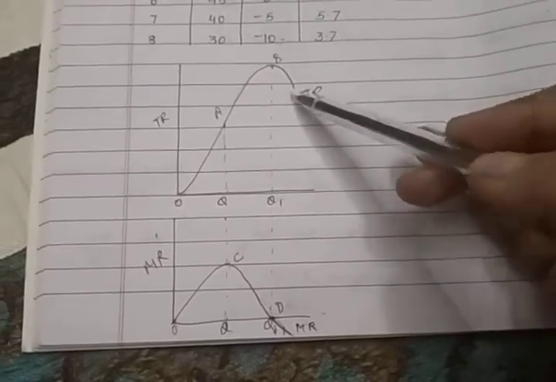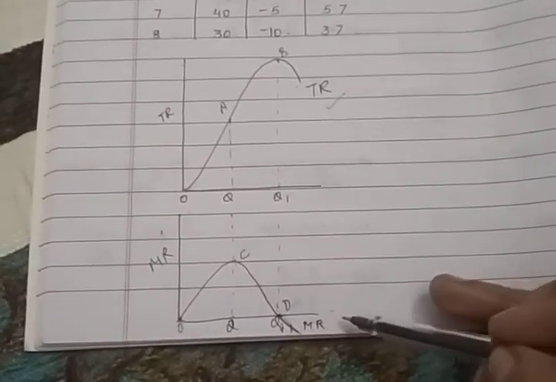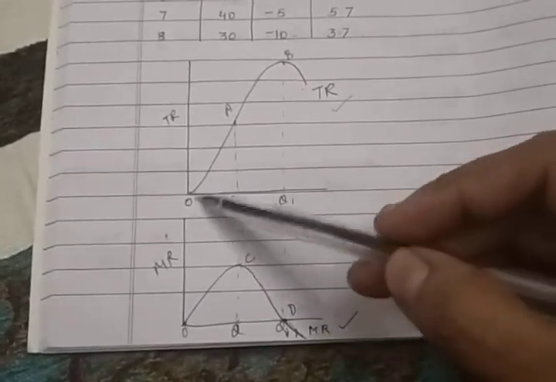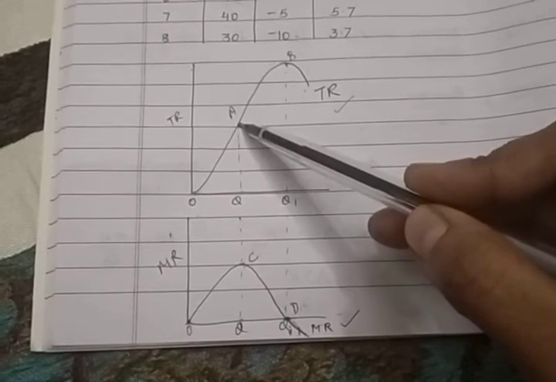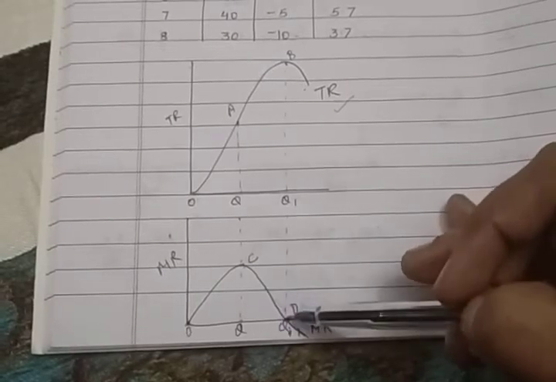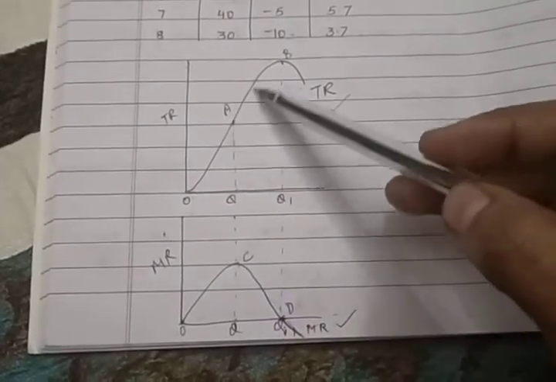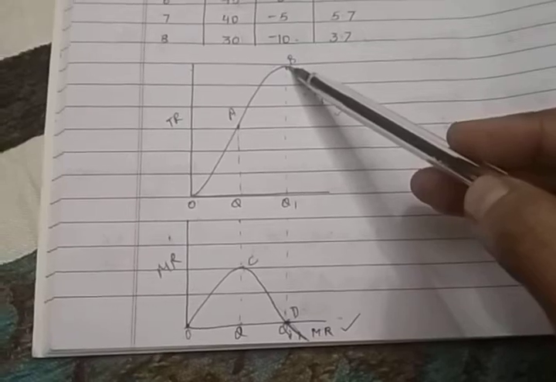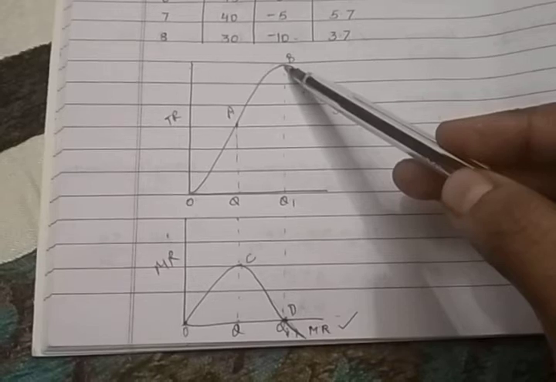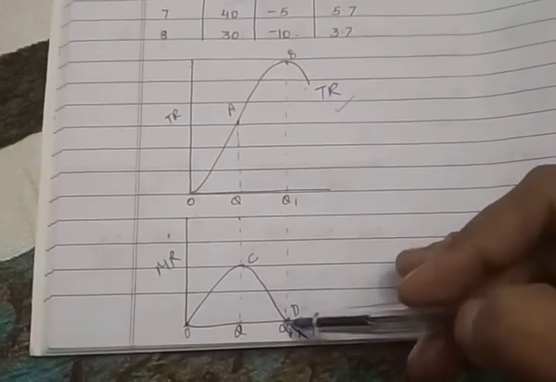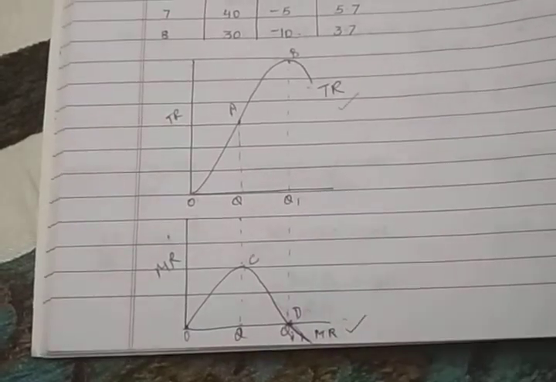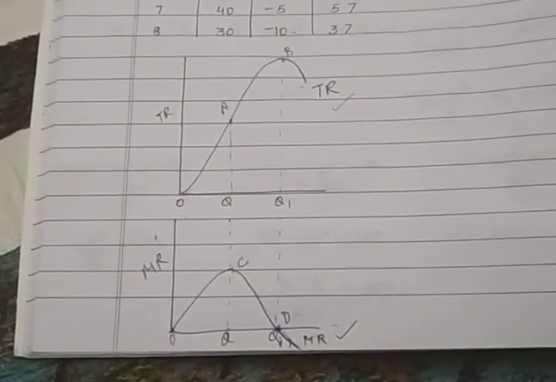So basically 4 points are there in the relationship between TR and MR. First, when MR increases, TR increases at an increasing rate. Second, when MR decreases but remains positive, TR increases at a decreasing rate. Third, when MR is 0, TR is at the maximum point. And last, when MR becomes negative, TR starts decreasing. This is the relationship between TR and MR.